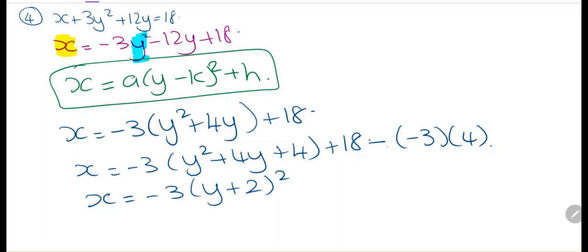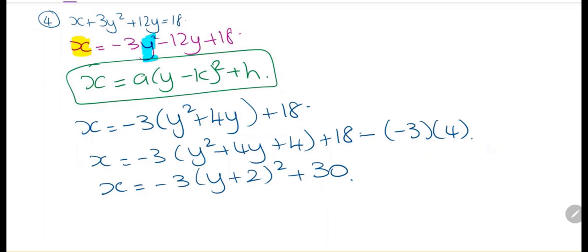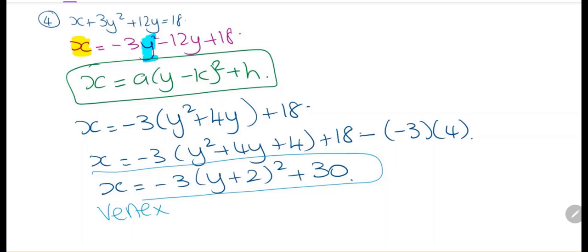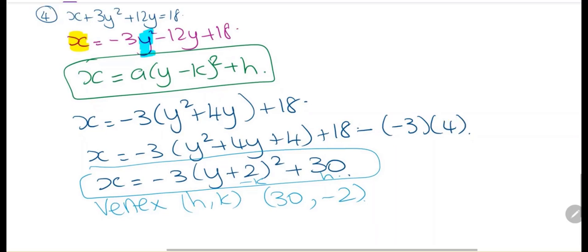So plus 18 plus 12 is going to be plus 30. So the vertex, remembering this is minus k and this is h. So the vertex is (h, k). So that is going to be 30 and minus 2.